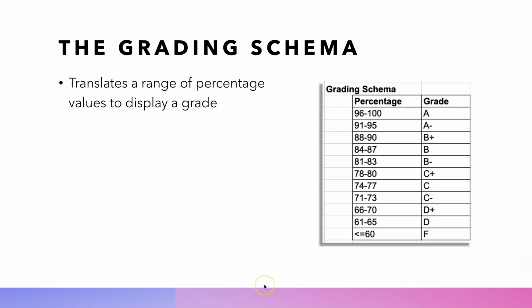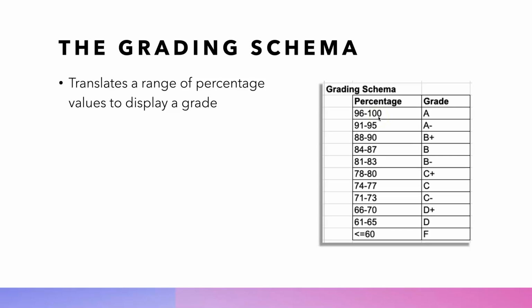The grading schema in the Grade Center allows us to set up the grade descriptor, which would be this column here, to be associated with specific percentage range earned by the student. That would be this column here.